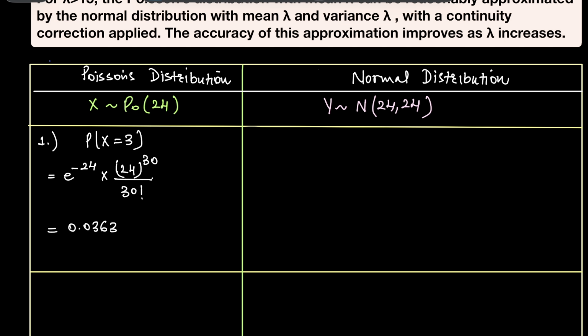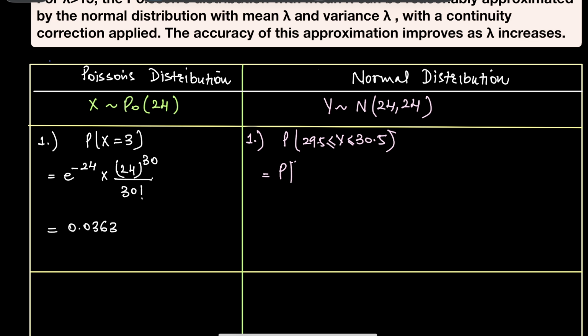Now suppose you are approximating the same question with normal distribution. I will write the probability of y greater than or equal to 29.5 and less than or equal to 30.5, and to calculate this we need the z values.